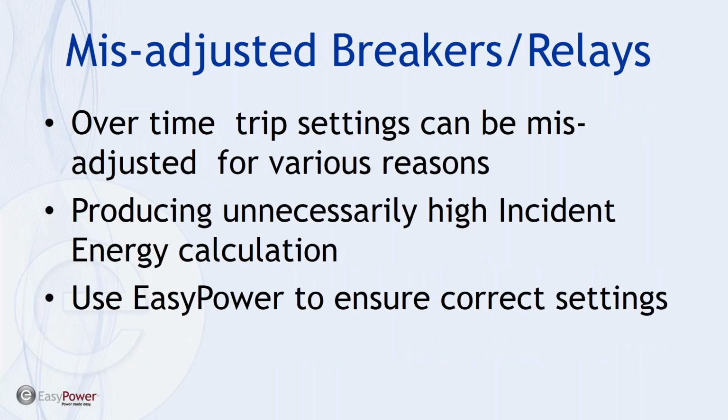And then, as I mentioned, over time adjustable devices can be misadjusted because the maintenance team is trying to keep a particular device online, and they realize just increasing the settings kept the breakers from tripping, but without really any concern about what that's done to incident energy calculations for arc flash.